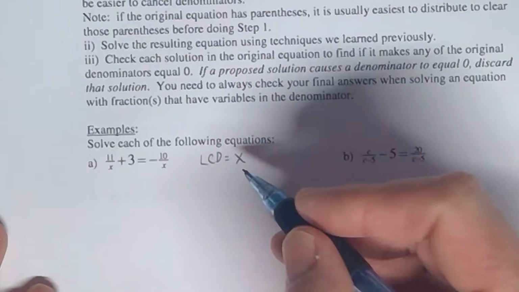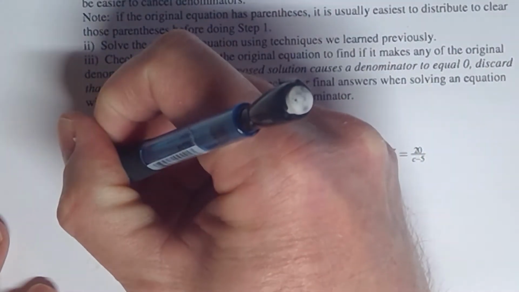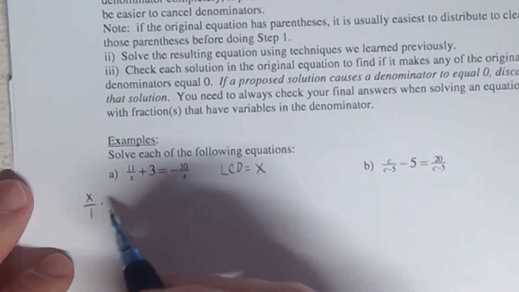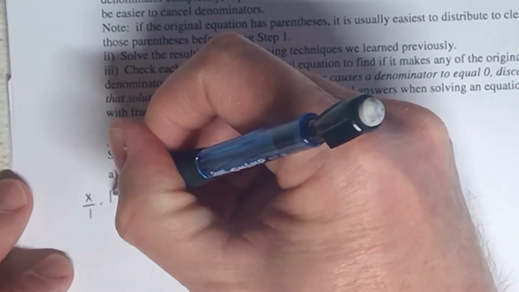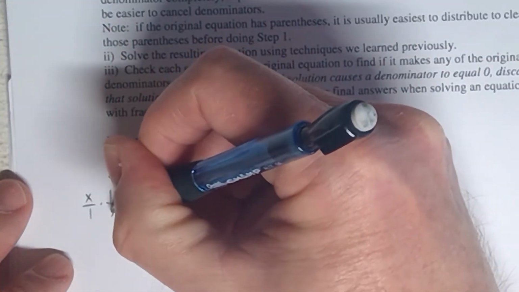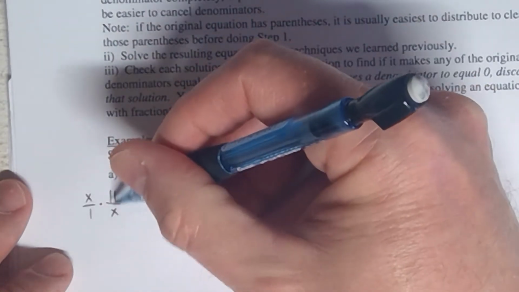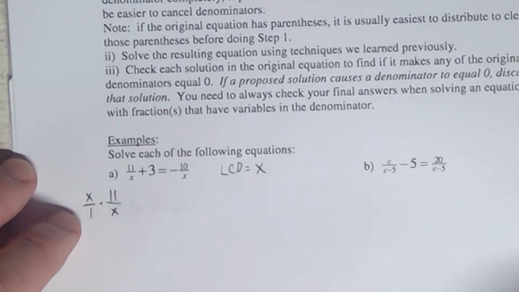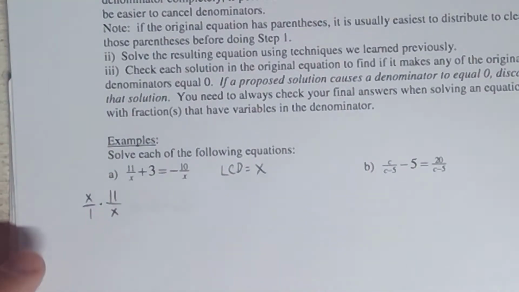All right, and so I need to multiply the x by 11 over x, the fraction 11 over x. Now, when you multiply by a fraction, you want to make the LCD into a fraction also. We've seen that in the past, where when you're multiplying by a fraction, you want to make the thing that you're multiplying a fraction also, so that you can then multiply the fractions.